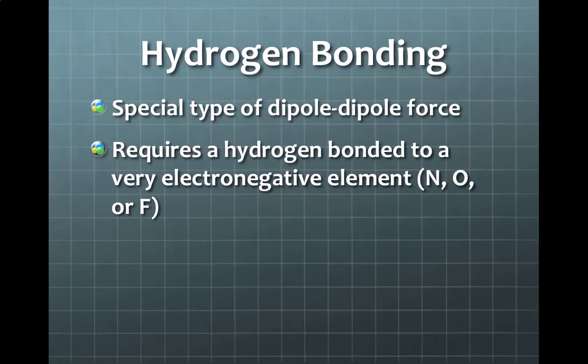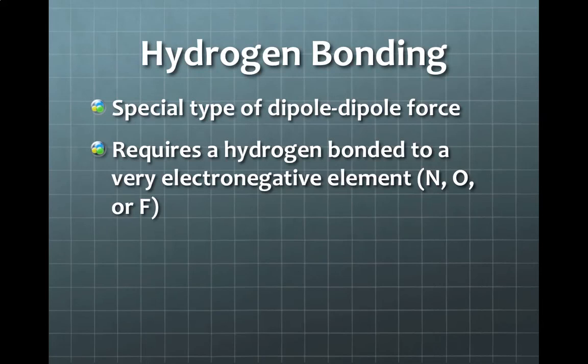We have to have hydrogen bonded to one of these three, like water. In water, we have hydrogen bonded to oxygen. So I have an actual intramolecular force between hydrogen and oxygen. But what I'm talking about with hydrogen bonding is the intermolecular force. So going back to that image in our mind about a cup filled with water, the intermolecular force that's occurring here, the force between the molecules, is called hydrogen bonding.